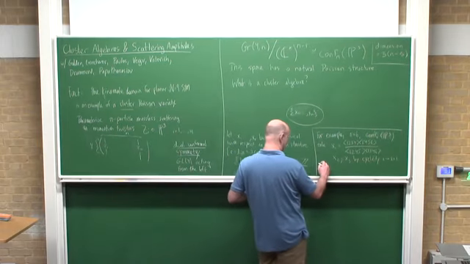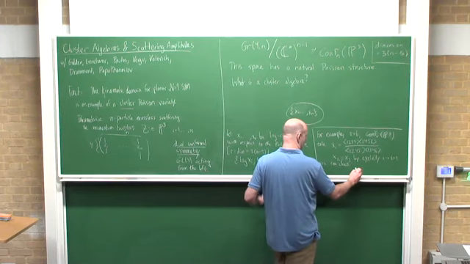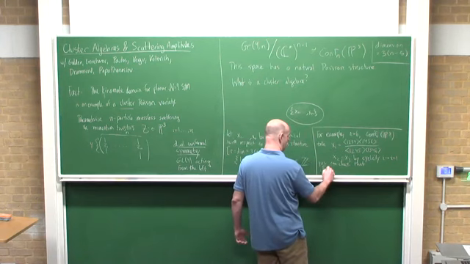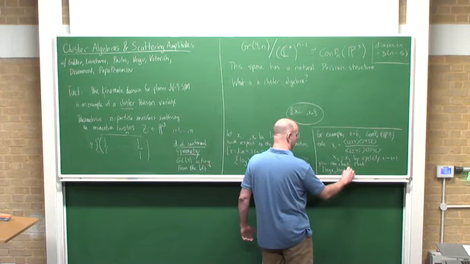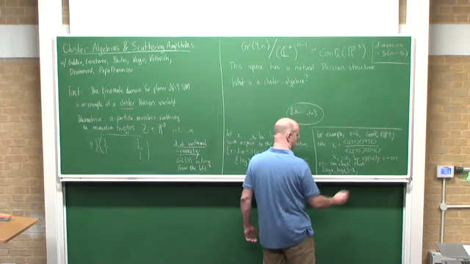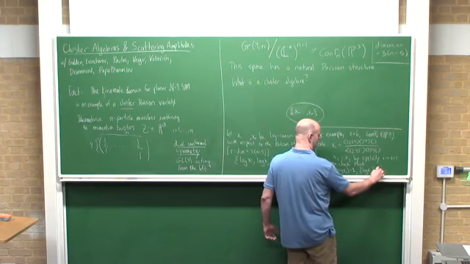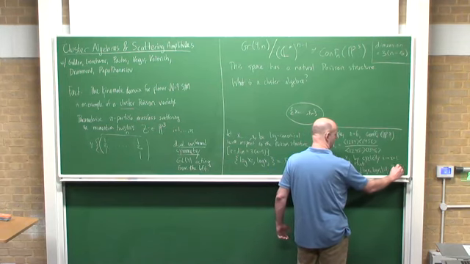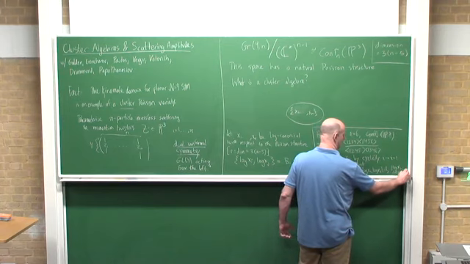And you can check that {log x1, log x2} equals 1, {log x2, log x3} equals 1, and, sorry, I'm running out of room here, {log x1, log x2} equals 0.